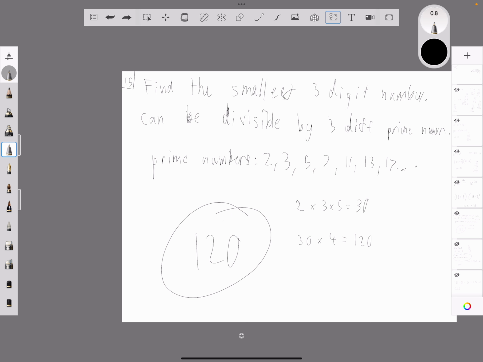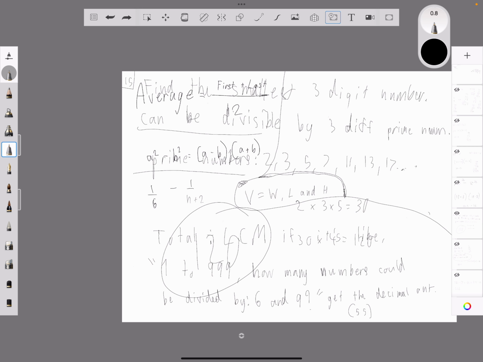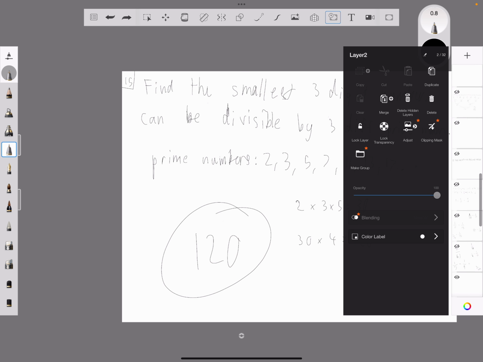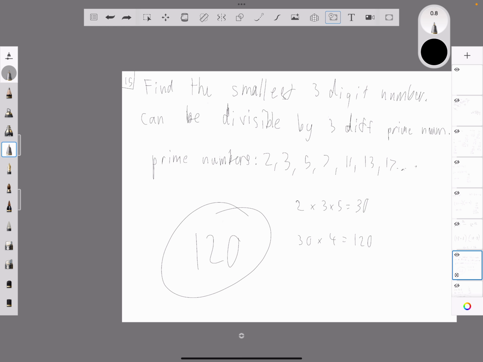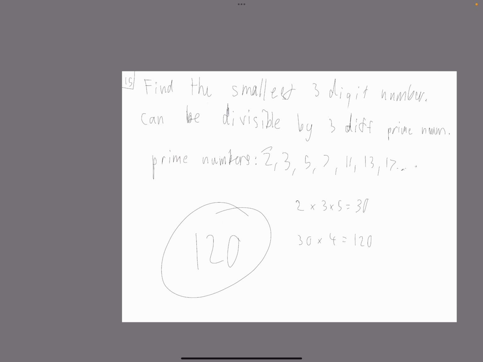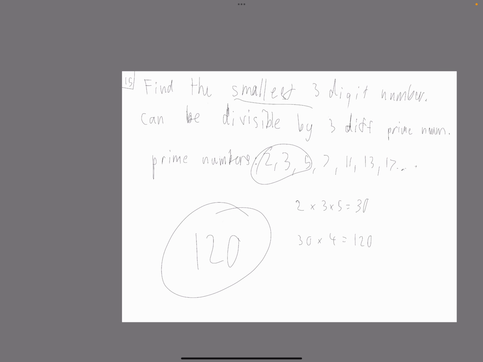So this one is the 3-digit number divisible by 3. We got the prime numbers. Okay, so where is it? Here. So I took this 3 smallest number because it's the smallest 3-digit number.